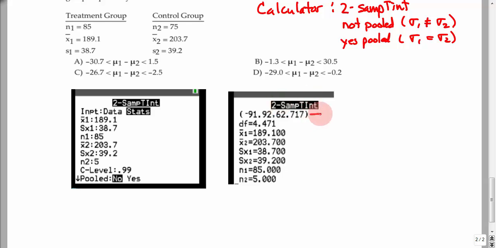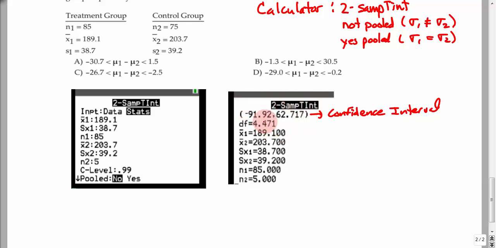And this is my confidence interval. Now if I would have had these in the wrong order, meaning if I had put this in for x2, s2, and n2, and this in for x1, s1, and n1, then these numbers would have been just the opposite. It would have been negative 62.7 to positive 91.92.